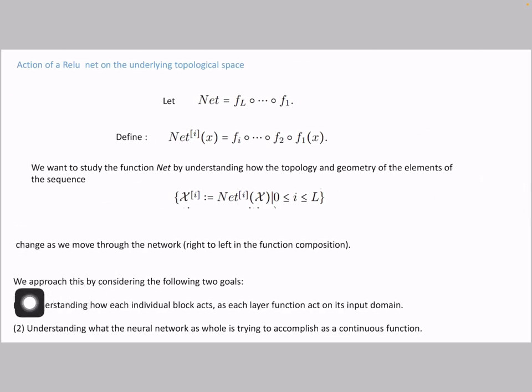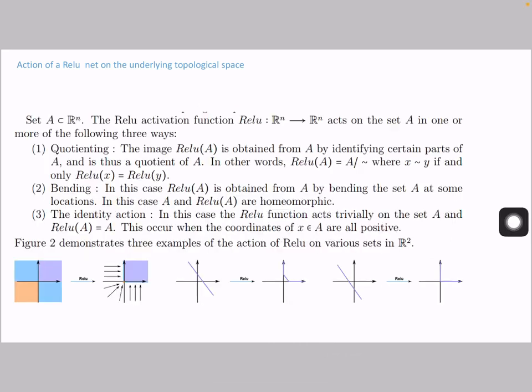So to achieve this goal, we're going to try to understand how each individual building block acts on those input spaces. In my case, I'm going to consider ReLU activation functions, and then we're going to try to understand how the neural network acts as a whole, as a continuous function, and how it's trying to accomplish the classification task. So let's consider the action of a ReLU activation function on a given set A in Rn.